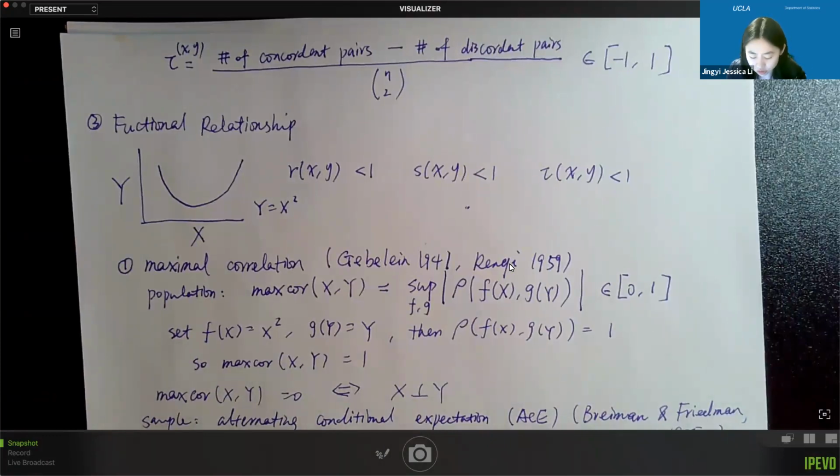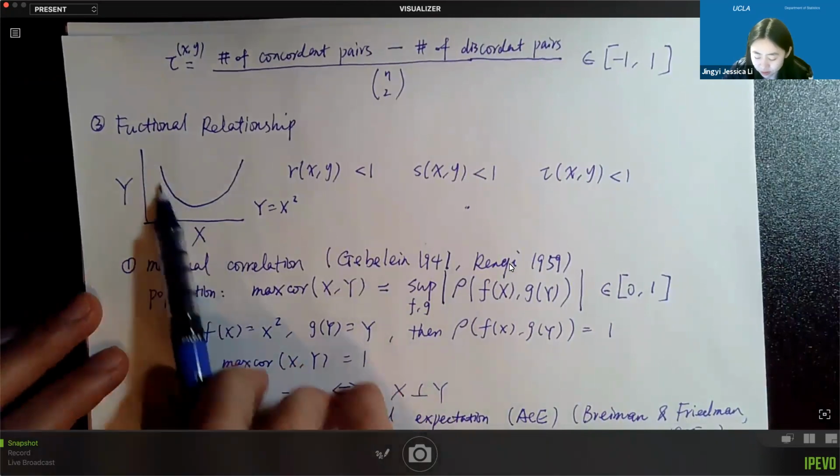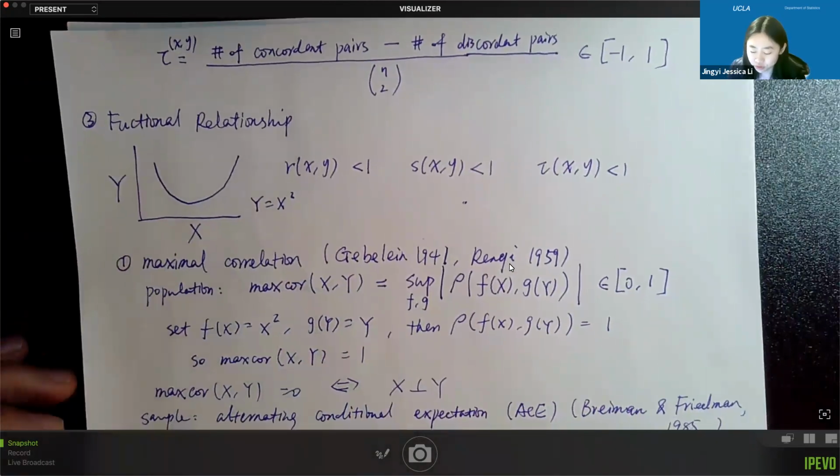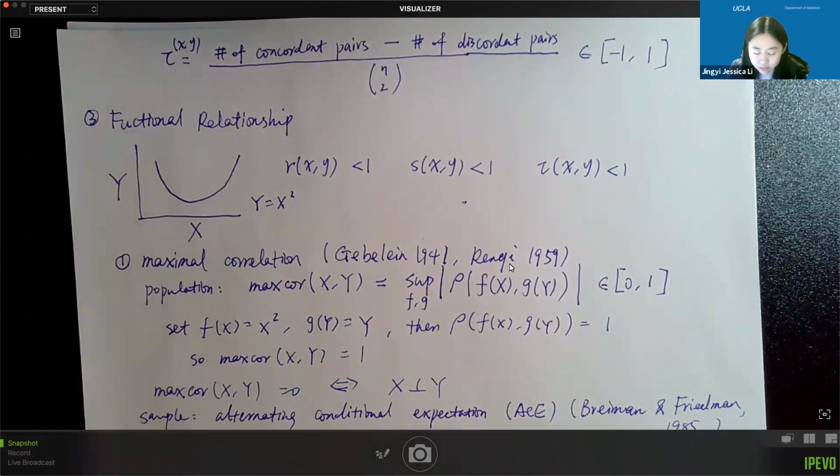Okay, the functional relationship is a bigger class of relationships where you see there is a functional relationship in the mathematical sense, and then you have noise in addition to that relationship. If this relationship is not monotone, then you will not get a perfect correlation equal to 1 or -1 with Spearman correlation, even though the data points lie perfectly on a function.